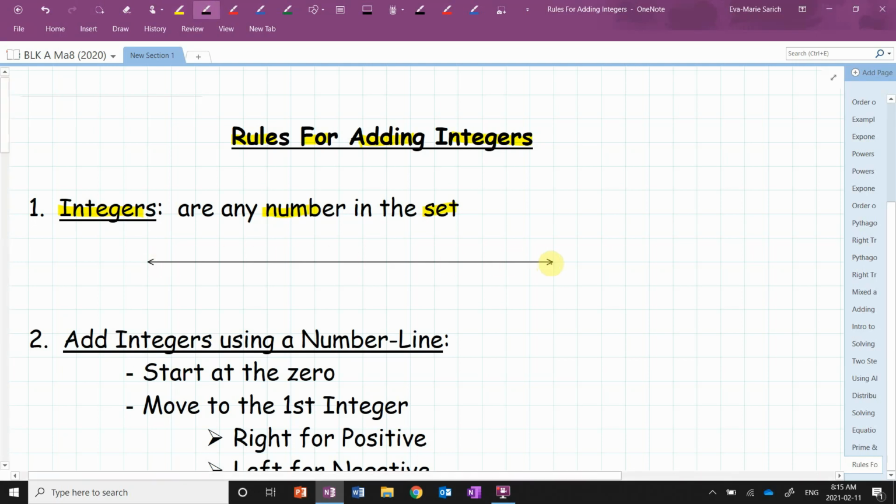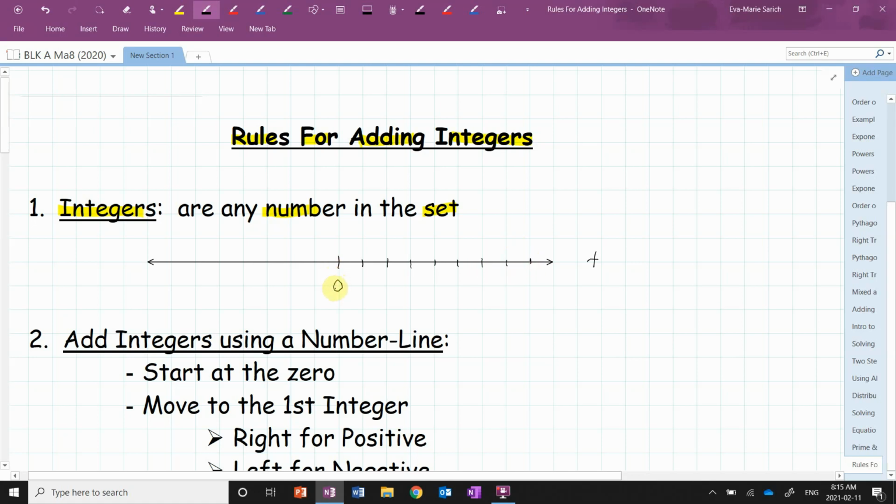So a number line is a line with arrows on each end, and usually there is a 0 in the middle. When you go to the right, it is positive, and each little tick on that number line represents an integer.